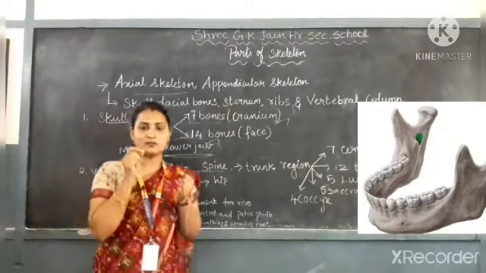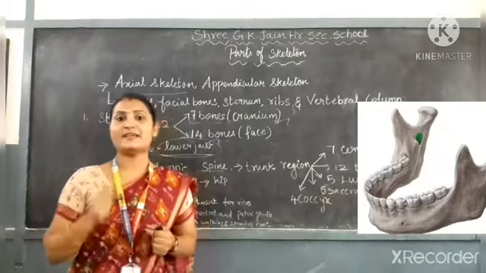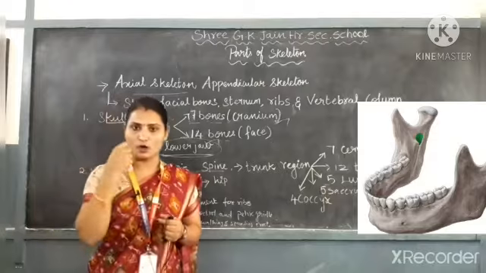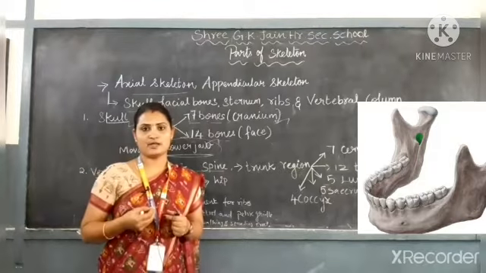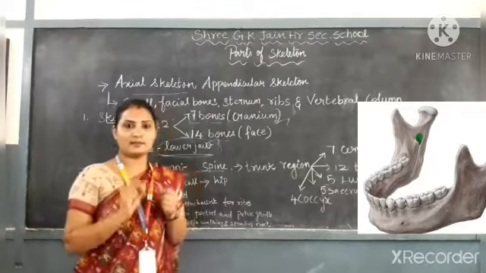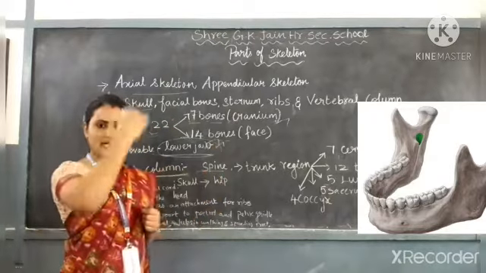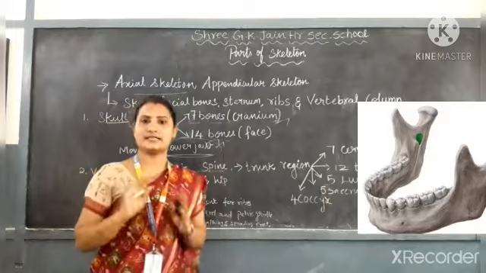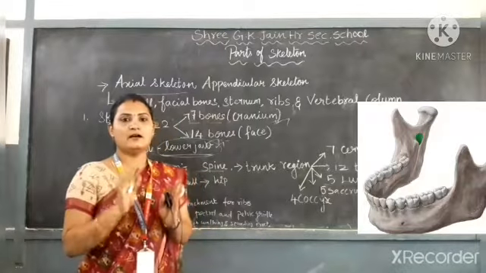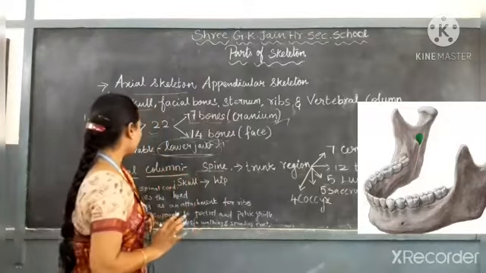Because of the movement of the lower jaw, we can open our mouth to talk and to eat something. All other parts in our skull are stable.